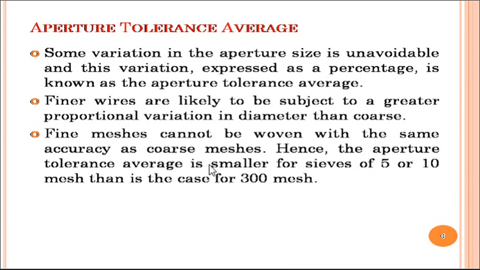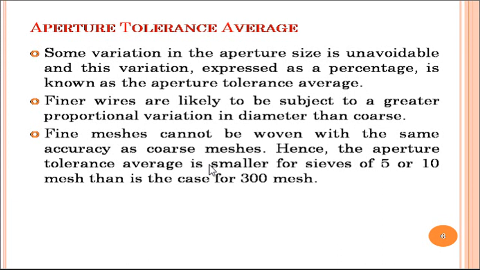When we talk about the aperture tolerance average as specified in the British Pharmacopoeia, that will allow the probable limit for certain constructive wire material, whether it is of thin or thick size. Depending upon that, we know that there will be some deviation in the number of holes.